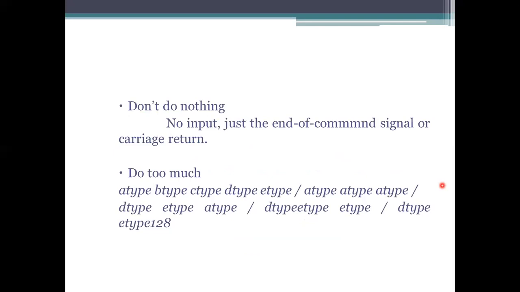Don't do anything means that for processing we need to provide an input. Providing an input specifies the string or characters to be accepted by the process. We process this input by the design logic, and next we get the output.